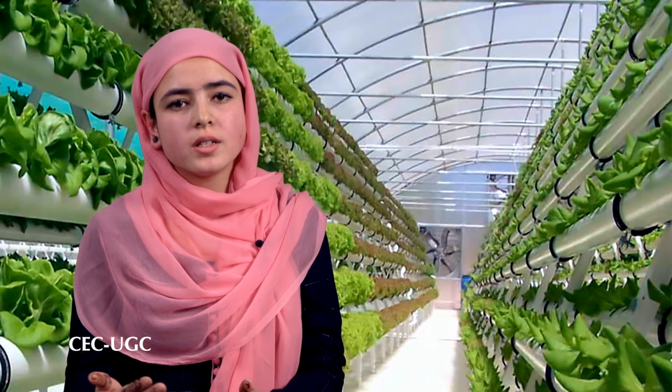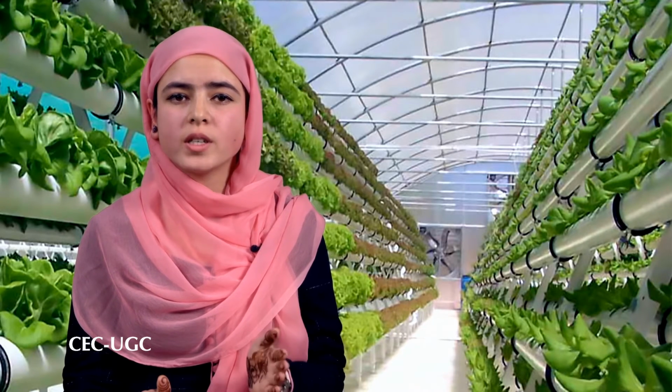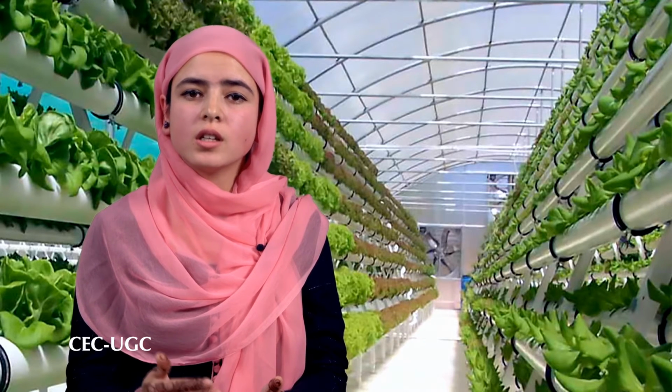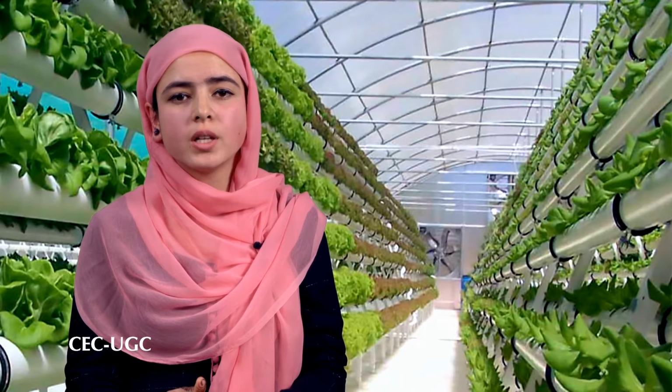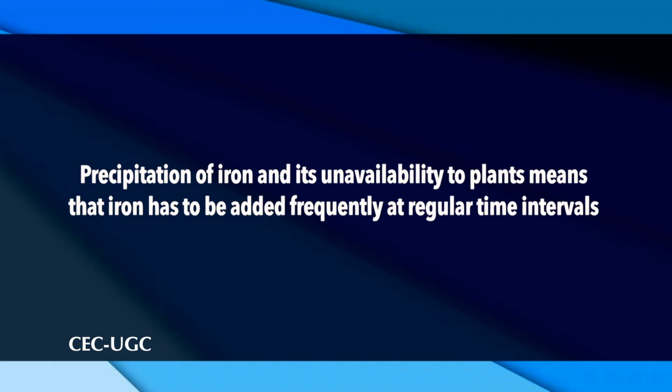The problem is accelerated if phosphate salts are also present in the nutrient solution because it results in the formation of insoluble iron phosphate. Precipitation of the iron and its unavailability to the plants means that iron has to be added frequently at regular time intervals.